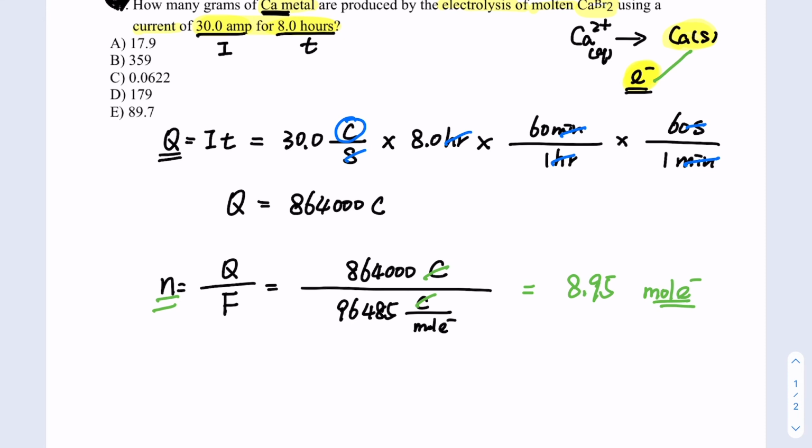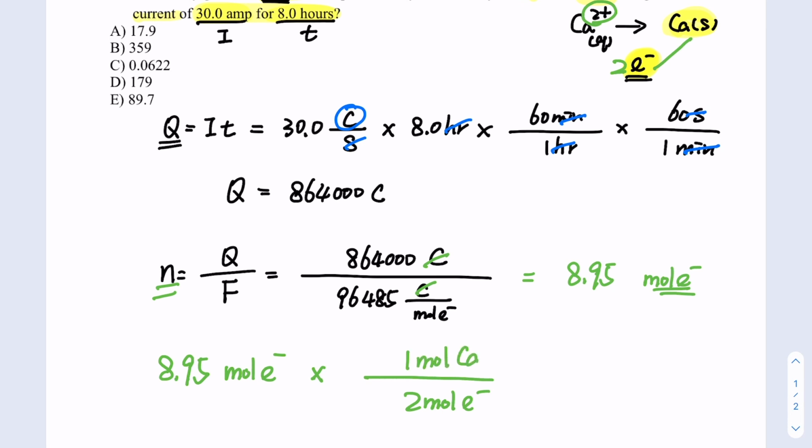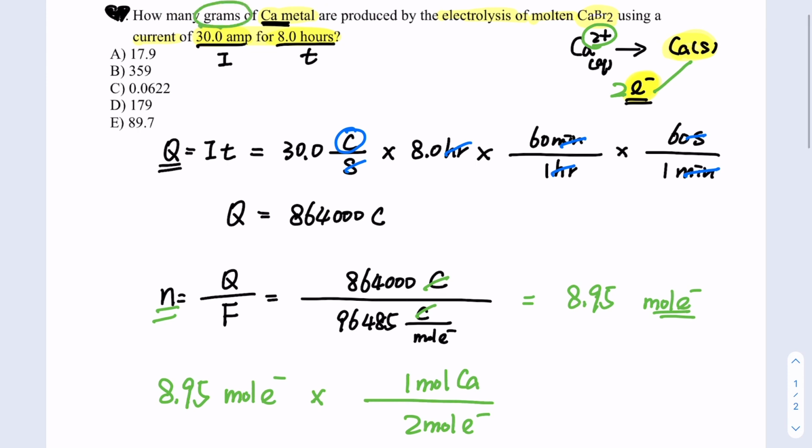We know calcium is 2 plus, so it's a 1 to 2 ratio. So every 2 moles of electrons, I can turn into 1 mole of calcium solid. And then you go, I want to know grams.